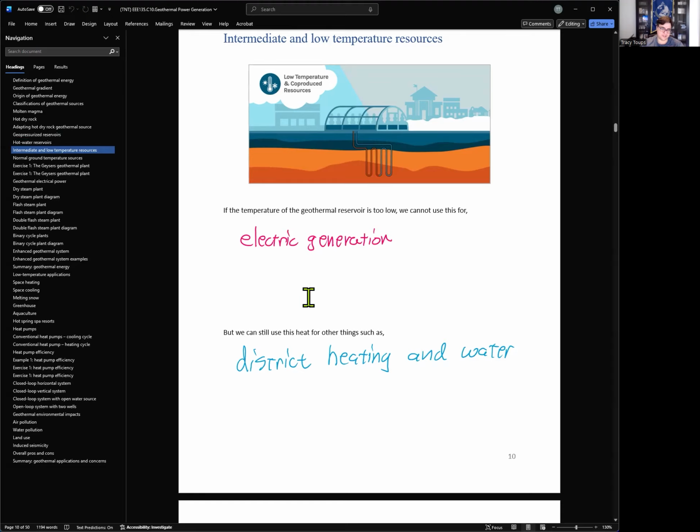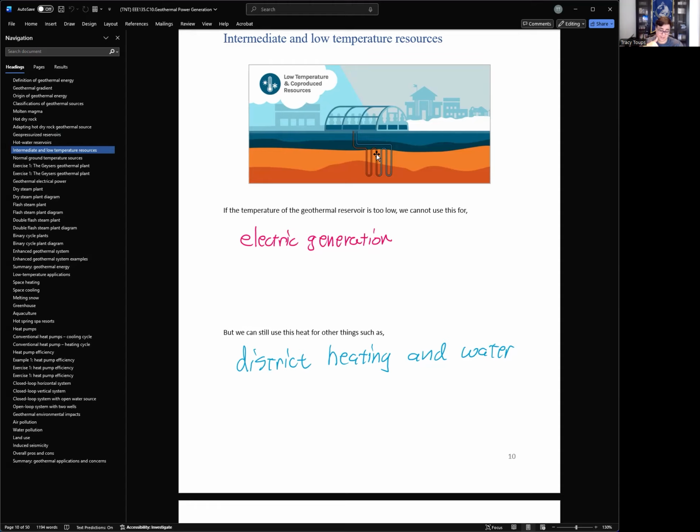So, for example, you might have this little greenhouse or this structure. We could drill pipes into the earth where the earth is not going to be super hot, but it's still going to be warmer than what it is out here in the winter. And we could pump water through these pipes and get some amount of free heating for our system, right?